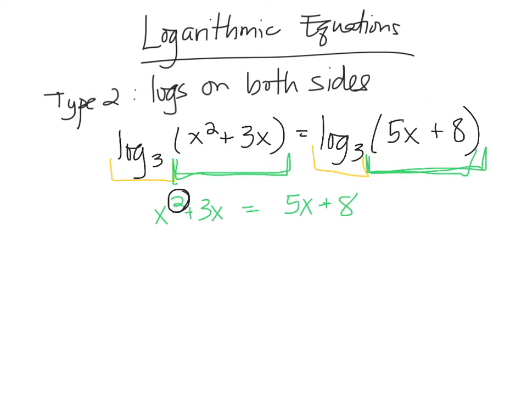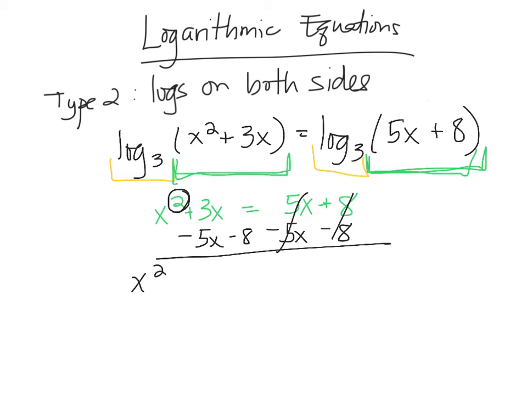Whenever we have to factor, we want to get one side equal to 0. So we're going to subtract both of these terms, and we get x squared minus 2x minus 8. The 8 can't subtract from anything, so this is like a plus 0, so we're just subtracting 8.